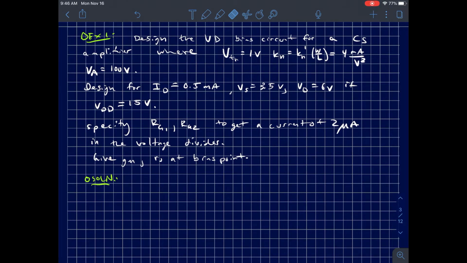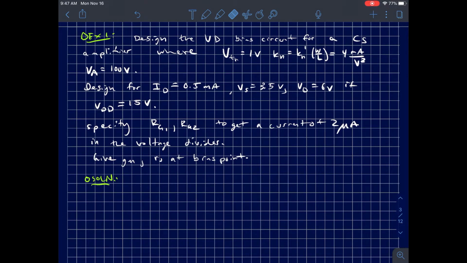In example 1, I would like you to design the voltage divider bias circuit for a common source amplifier where VTN is 1 volt, Kn, which is Kn prime times width over length, is 4 milliamps per volt squared, and the early voltage VA is 100 volts.